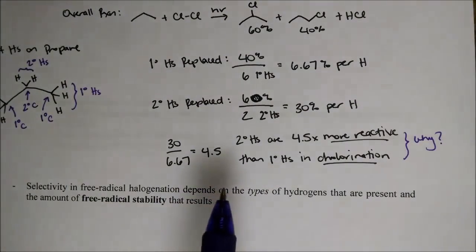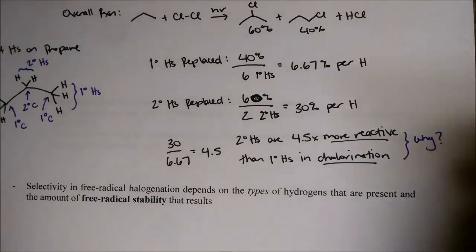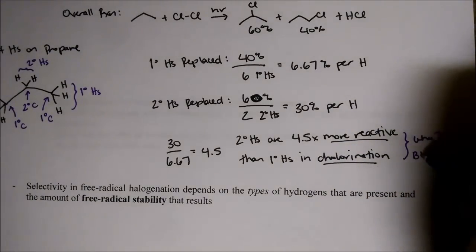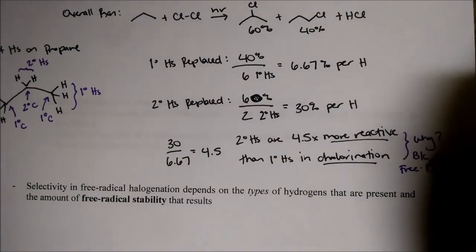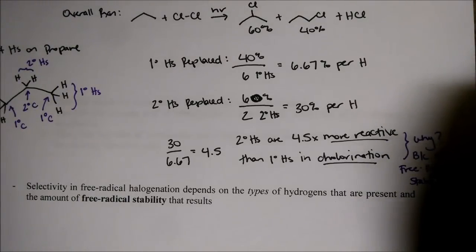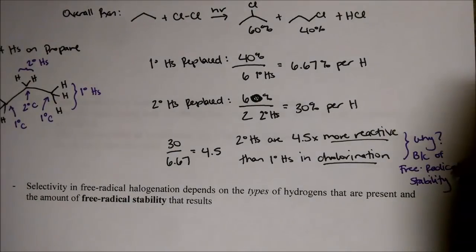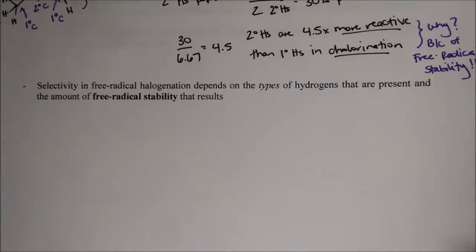So there must be a difference in the stability of those free radical intermediates. And it's true, there are stability differences in those free radical intermediates, because of free radical stability. These are the intermediates of our mechanism, so there must be something different going on.